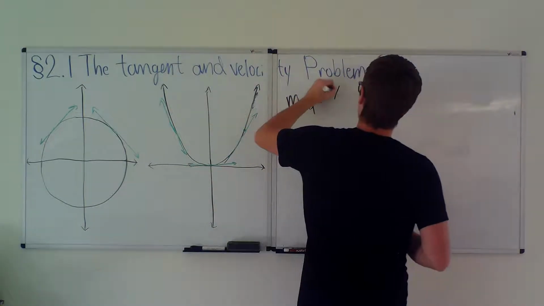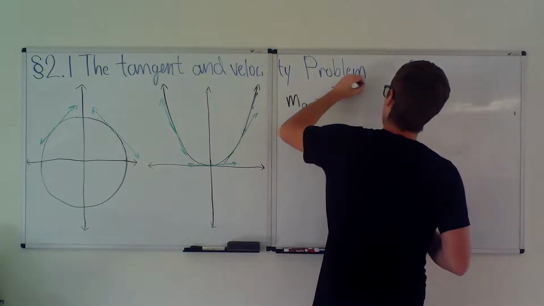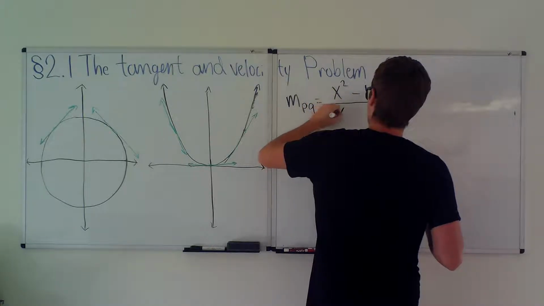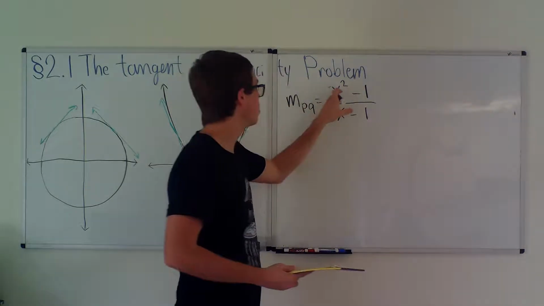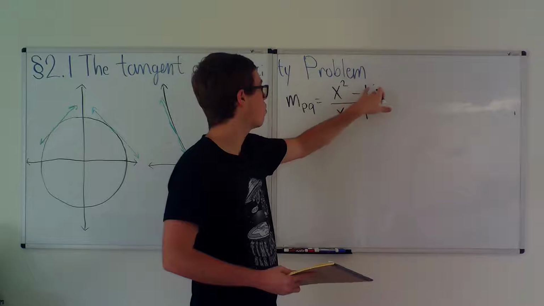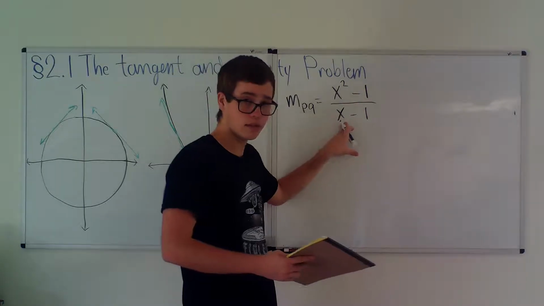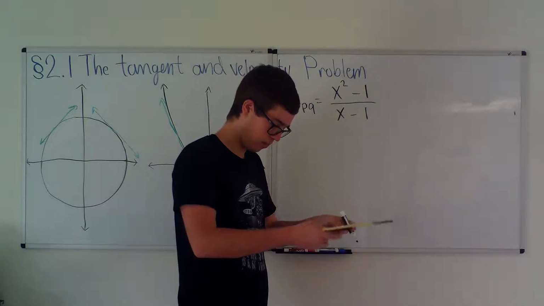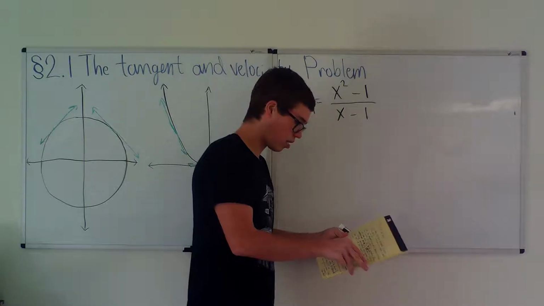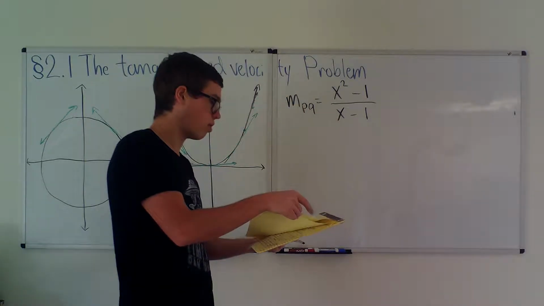So we have x squared minus 1 over x minus 1, because this is our y2, that's our y1, this is our x2, and this is our x1. So now we're going to plug in the point 1.5.